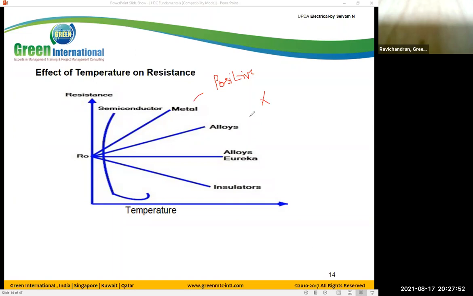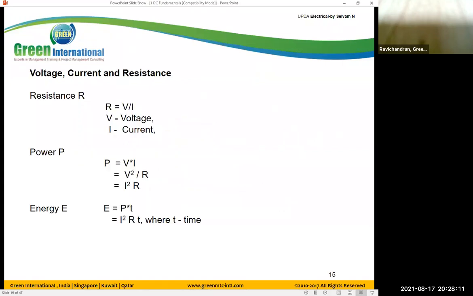In this way they may ask the question, and rarely they may give problems also. But recently they didn't ask any problem, so we have a concept question. And this is the general formula. We need to remember this formula.